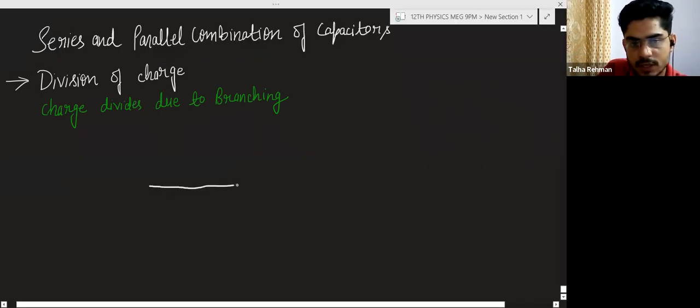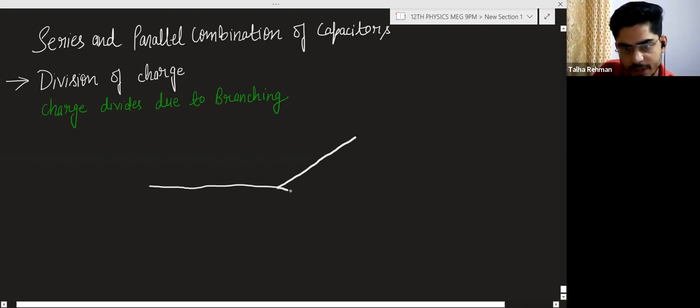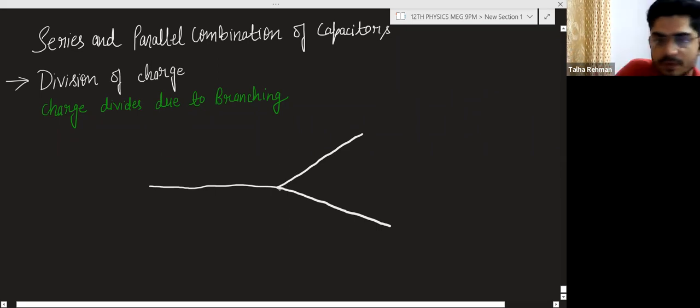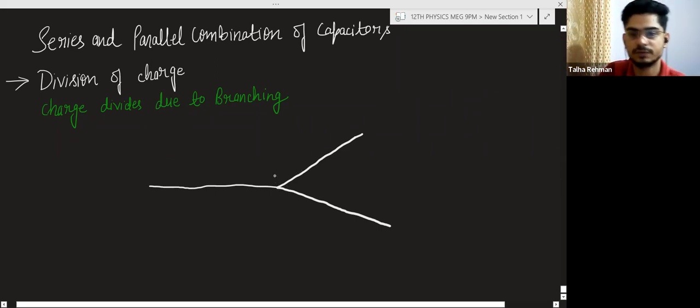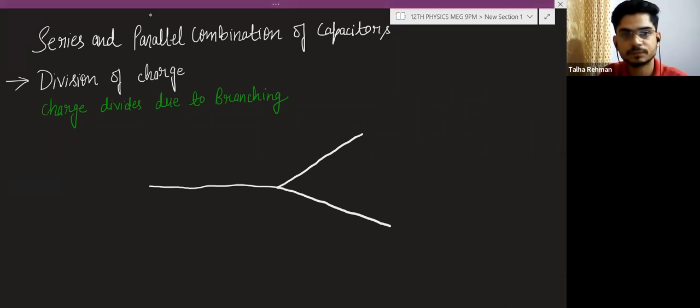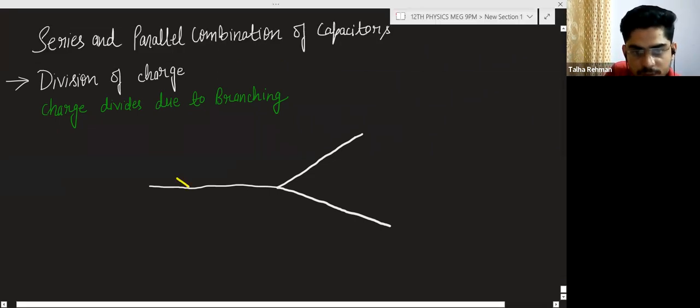Suppose here is a wire, and now we have connected another wire to it, which means we have generated a branching in this wire. So what will happen? Suppose earlier in the wire Q1 charge is flowing.